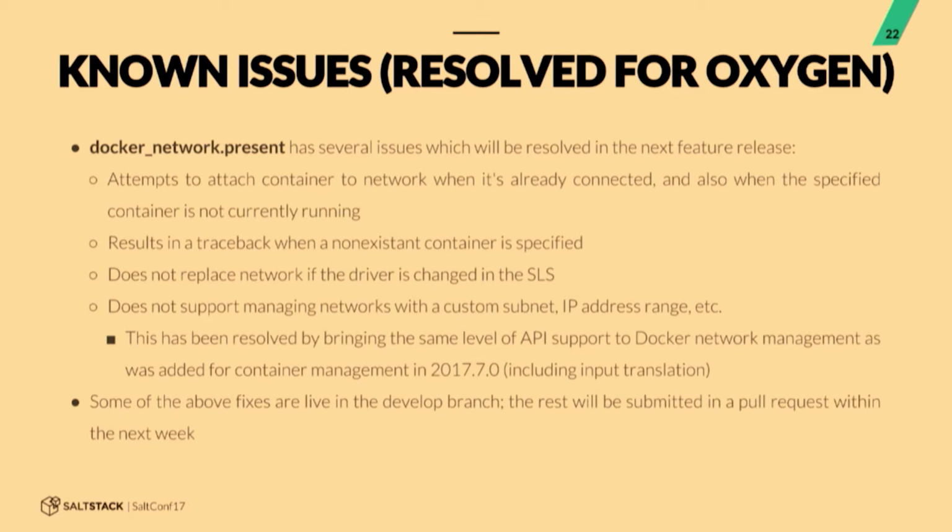Another of the major pain points that we've had a lot of reports on is that 2017.7 and previous release cycles can't handle managing more complex networks, so ones with a custom subnet and IP range, things like that. That's all going to be supported fully in the same way that all of the arguments are supported now for container creation.